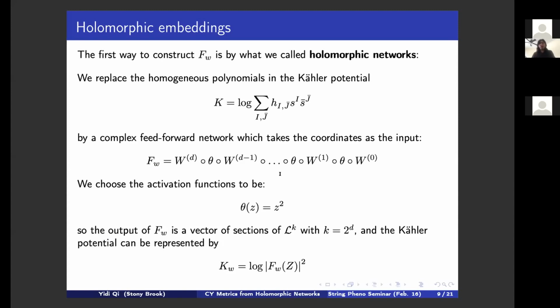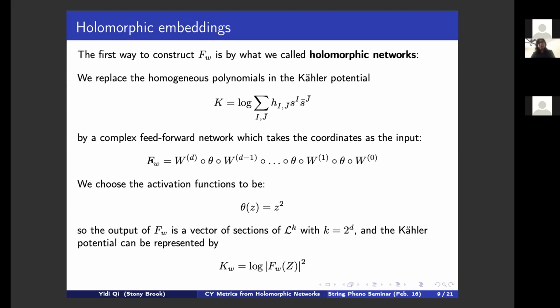There are two ways we propose in the paper. The first one is what we call the holomorphic network. You have this Kähler potential in the embedding method, and you replace the homogeneous polynomials here by some complex networks.